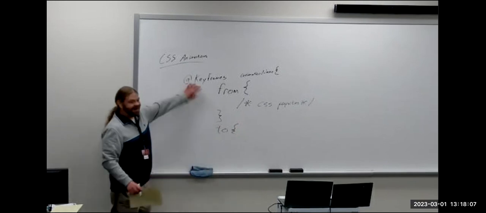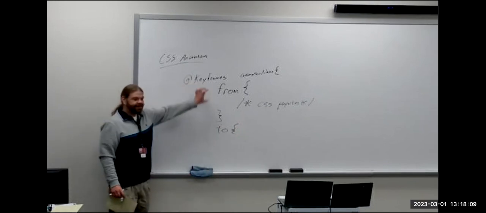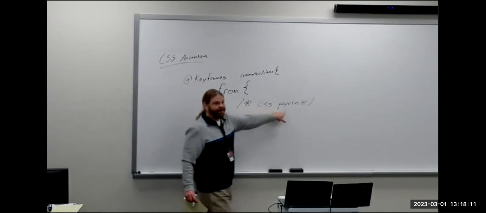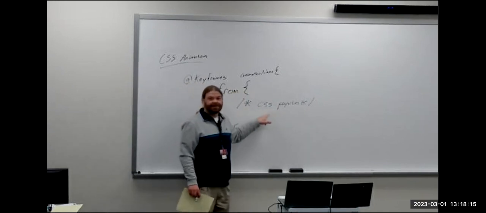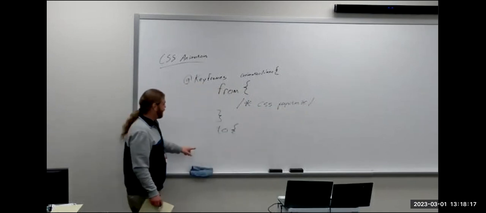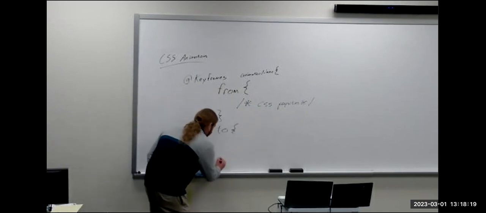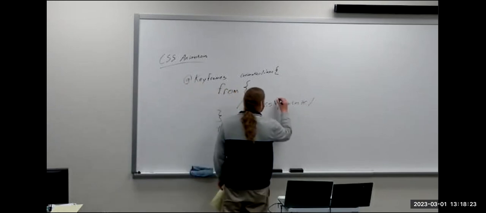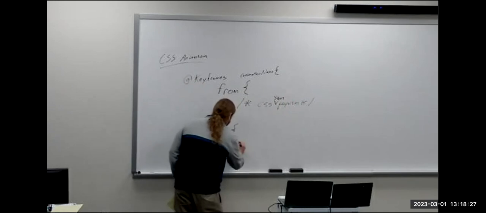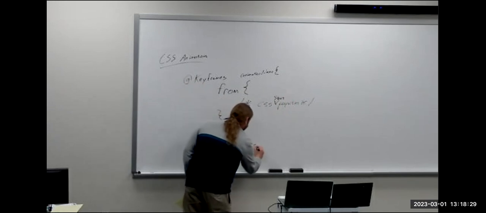Where do we start and where are we going? So from these properties, position, color, size, all of that, to some other properties. CSS start properties. And then we go to our CSS end properties.